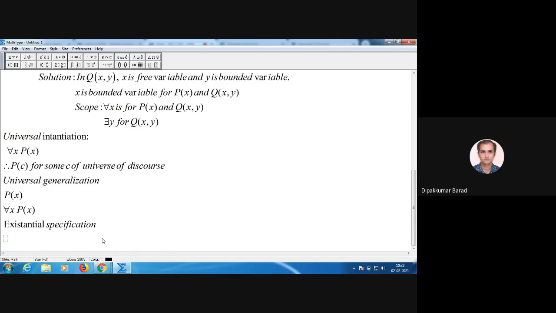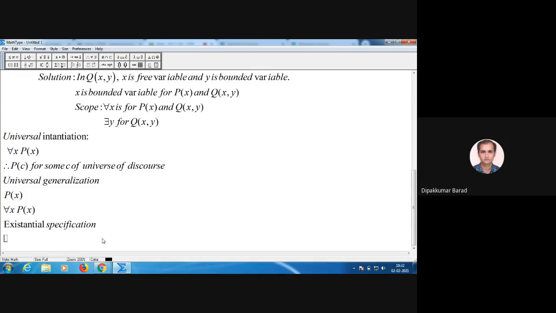So it is a rule which allows us to conclude that there is an element c in the universe of discourse for which P of c is true, if we know that there exists x, P of x is true.